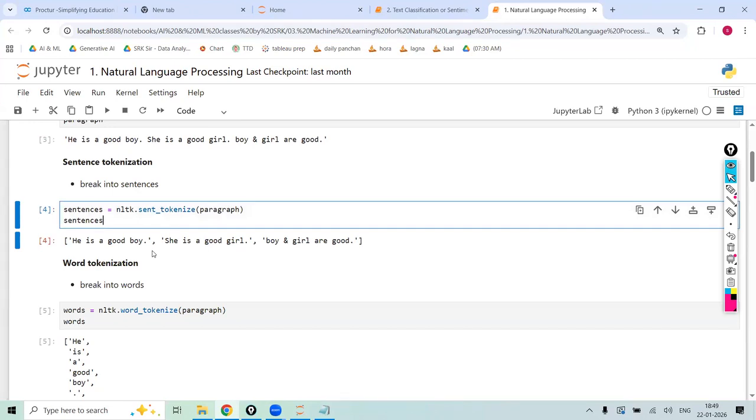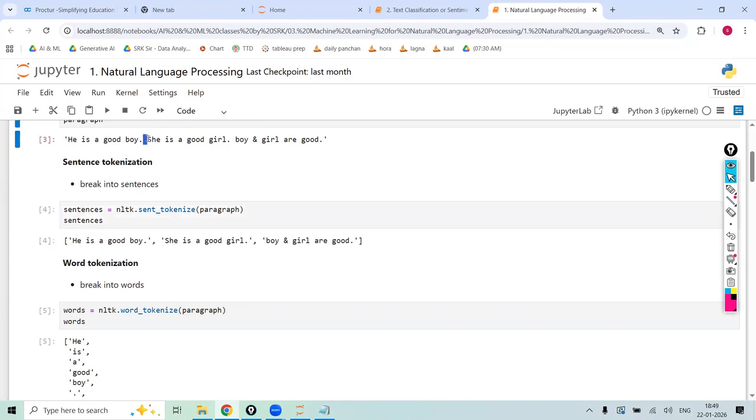Wherever the full stop is, we have one sentence completed. Someone asks, can we directly apply split? If we apply split here, the space would also be added in the second sentence. Here the space was removed, which means it automatically applied the strip, a split function along with the strip function. Both are applied. Vamsi, is your question clear?